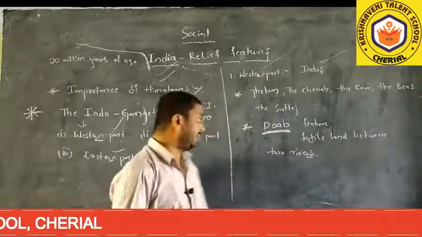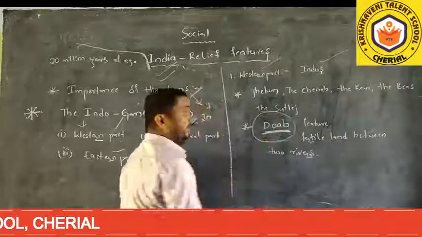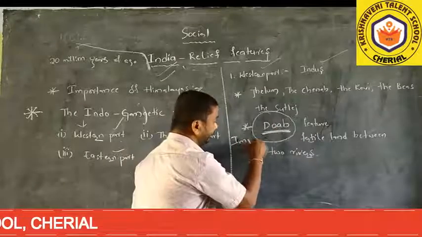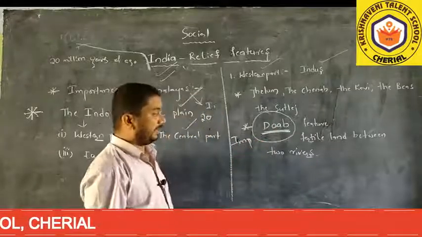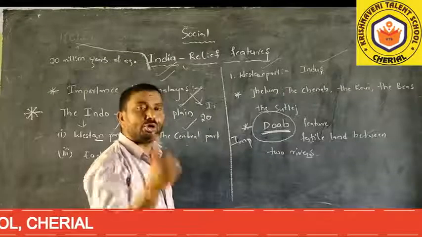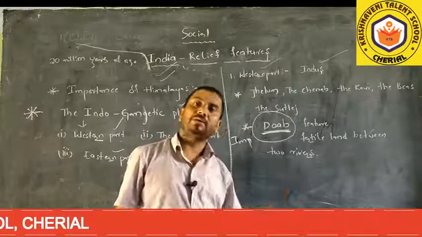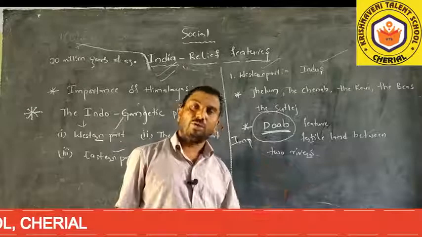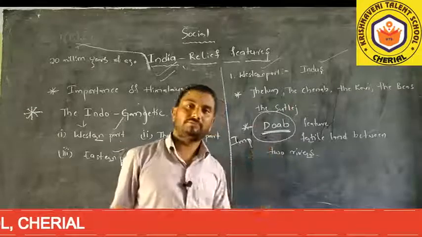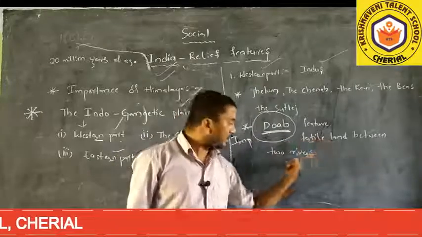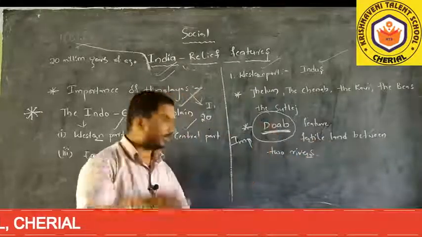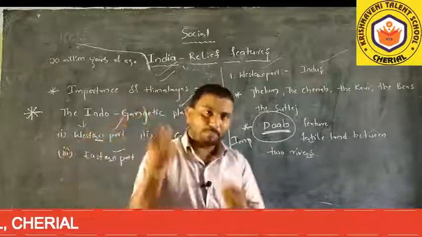This is very important. Doab feature. What is meant by doab? The fertile land between two rivers is called doab. That's all: doab means alluvium, fertile soil. Keep it in your mind.